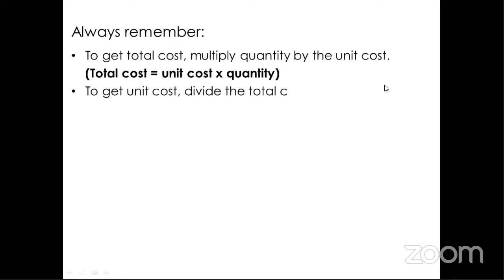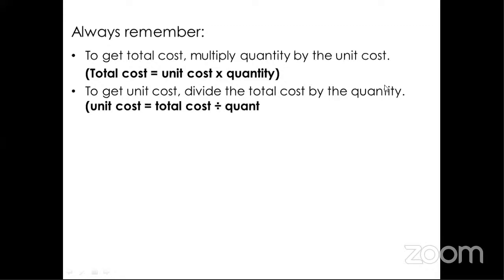Della, can you read the second point? To get unit cost, divide the total cost by the quantity. Your volume was very low, can you repeat reading? To get unit cost, divide the total cost by the quantity.